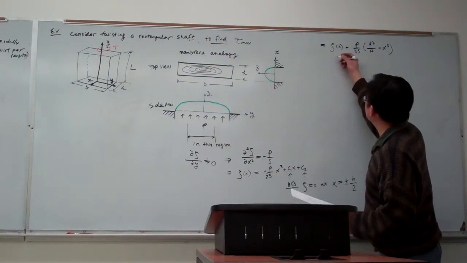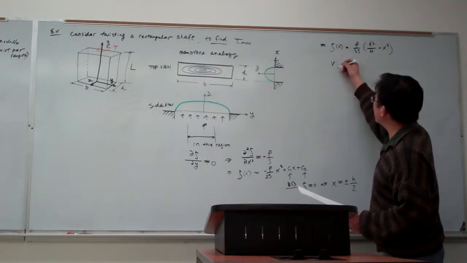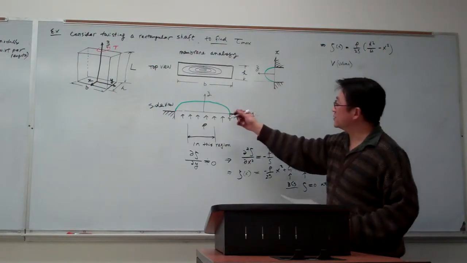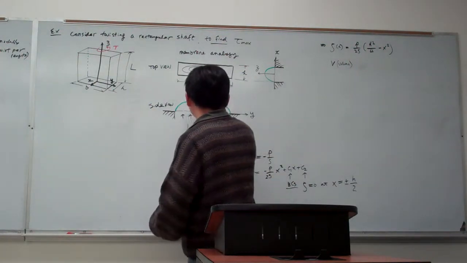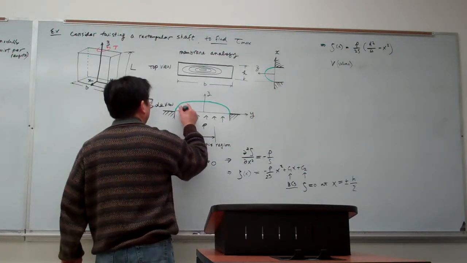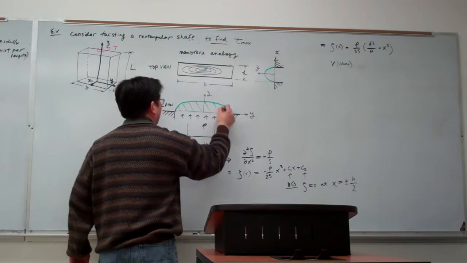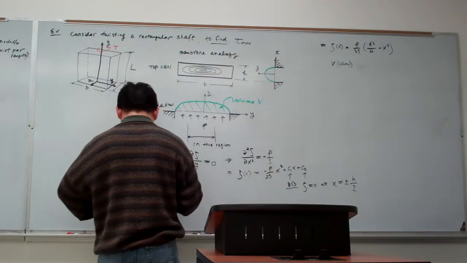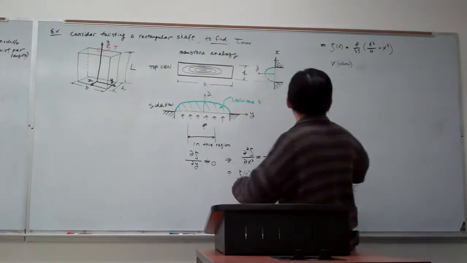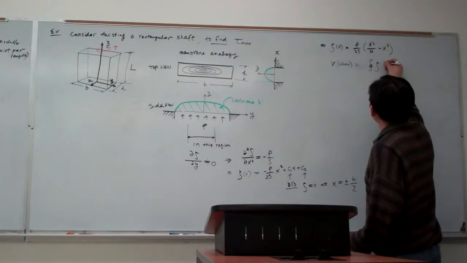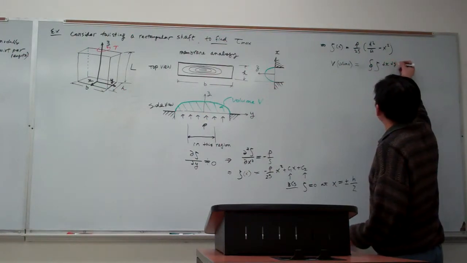Okay, and then if we have this one, we can calculate the volume. V is the volume underneath the deflection. Let me label this one. So the volume is equal to zeta integrated over the area.